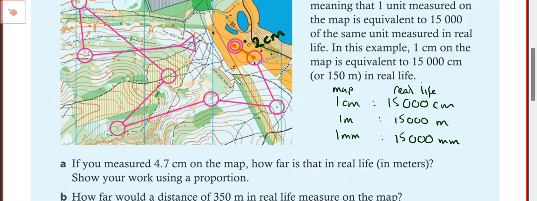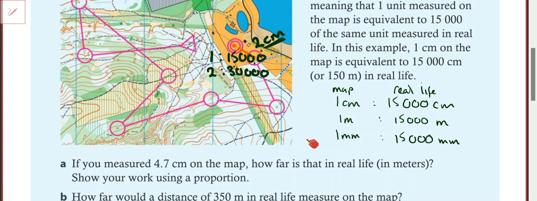30. So if it's 1 to 15,000, it's going to be 2 to 30,000. Now, what we're saying is then that on the map, this is 2 centimetres. In real life, it's 30,000 centimetres.